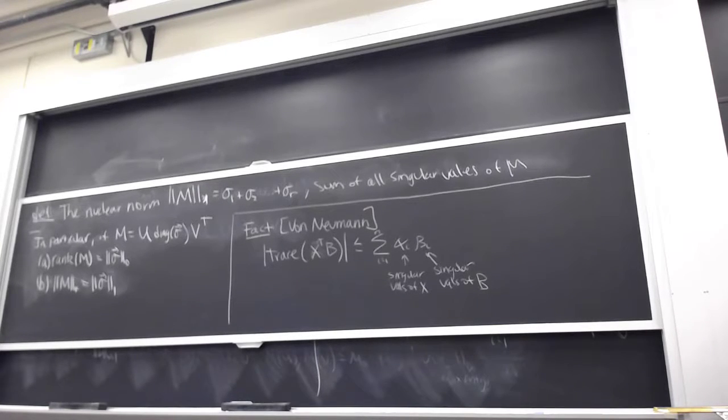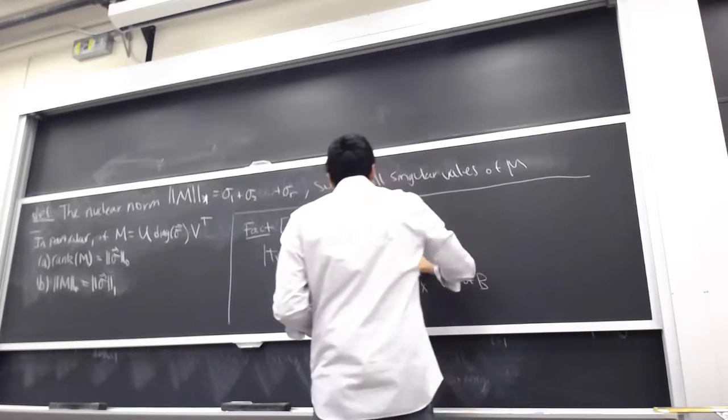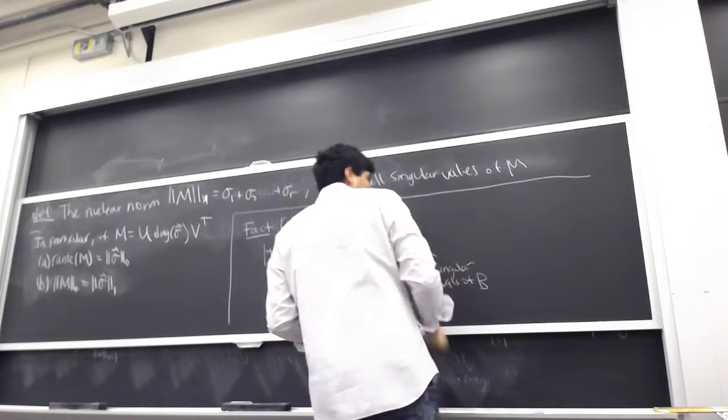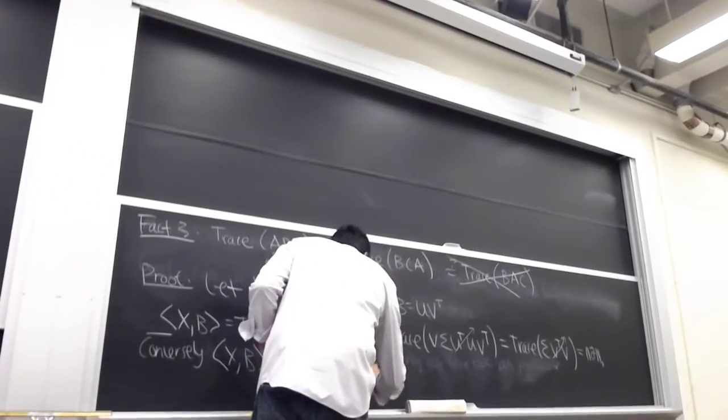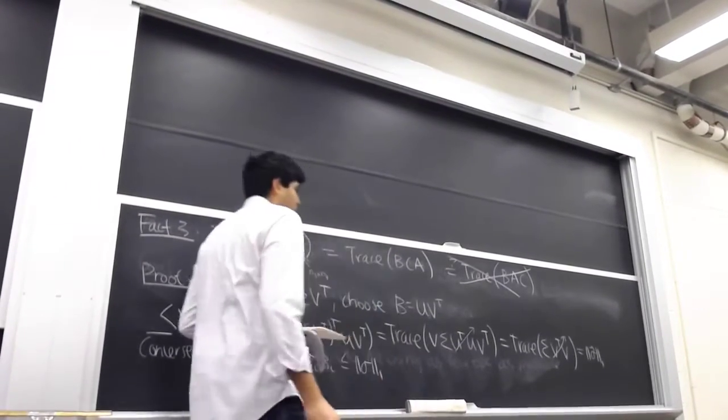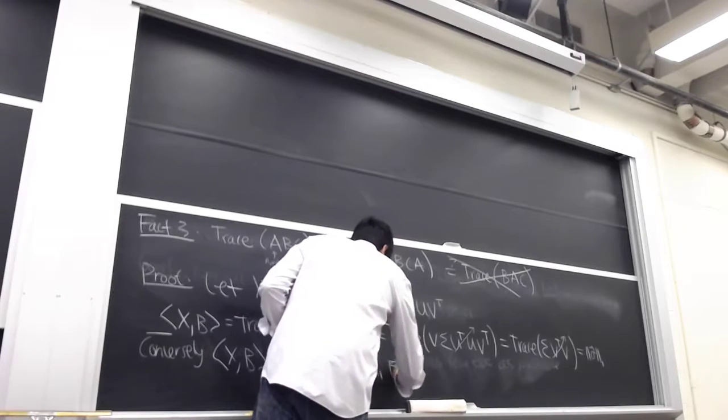Well, I guess let me call it sigma i here, because that's what we've been using. And these beta i's are at most 1, just by construction, because B has operator norm at most 1. So all of its singular values are at most 1. And then, lo and behold, we get the same bound. So that proves the other side.